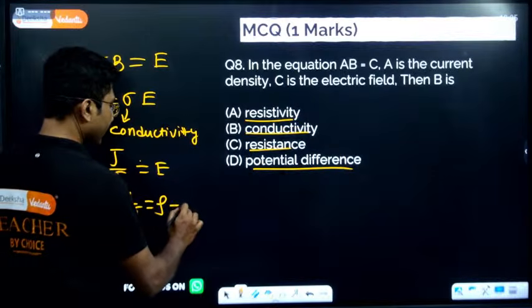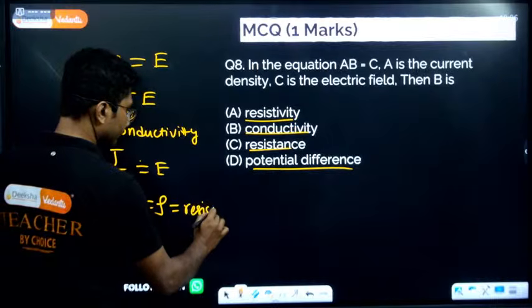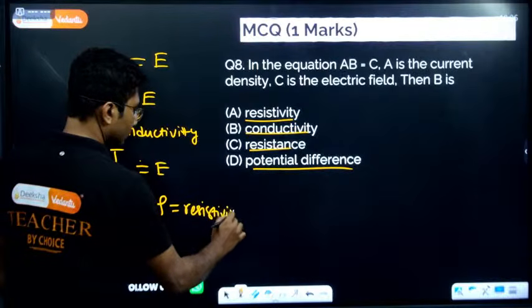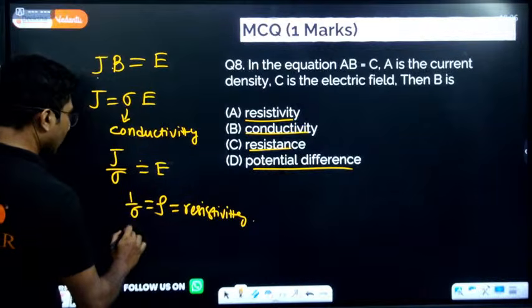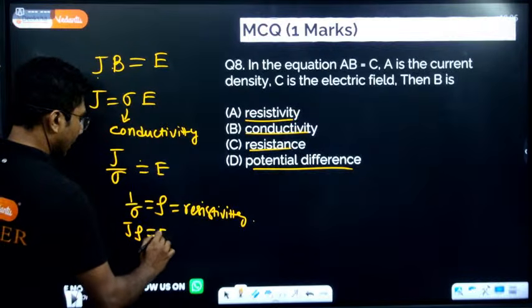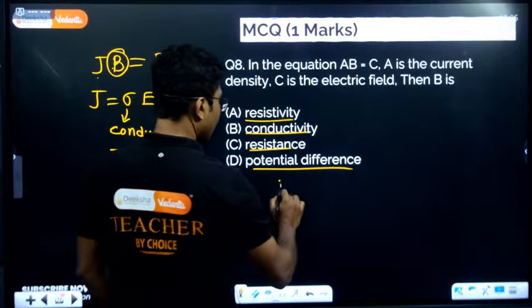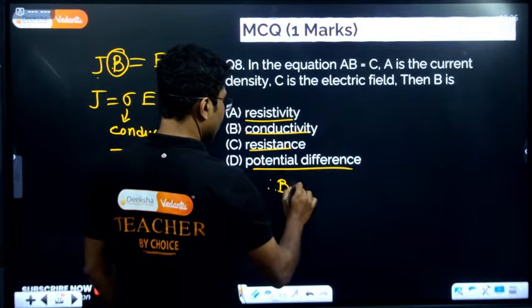So this is resistivity, and J into rho equals E. Therefore B equals rho.